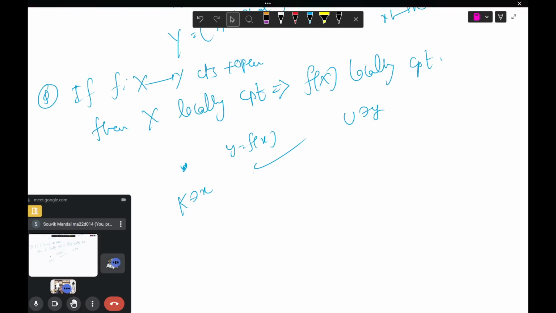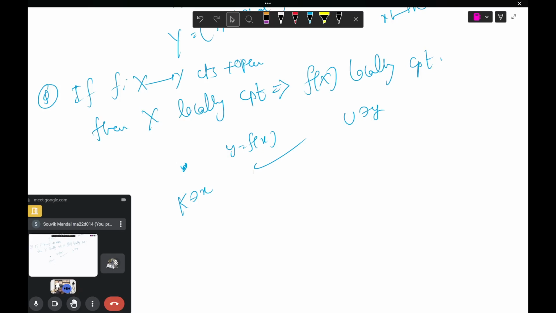Compactly generated space. Yes, that I understand. I need to prepare it and I will tell in the next live session, except that.